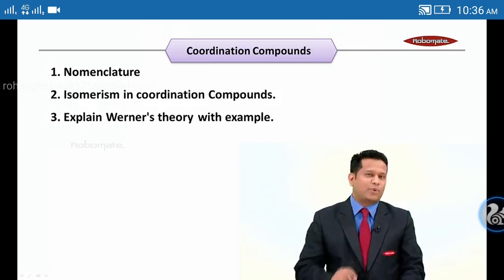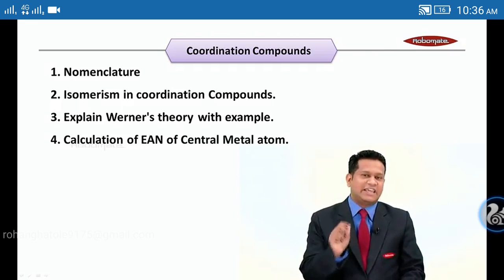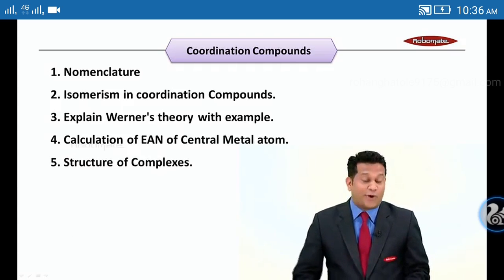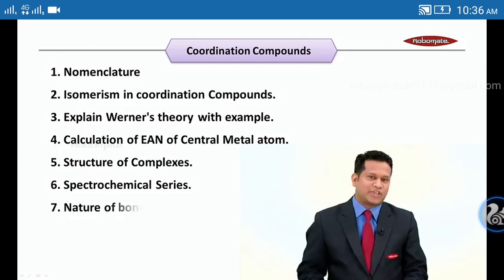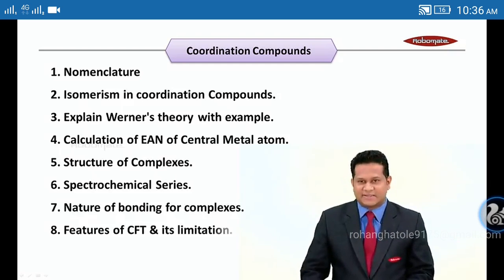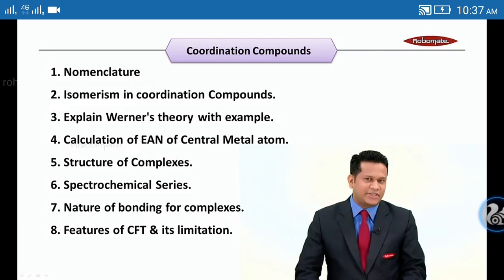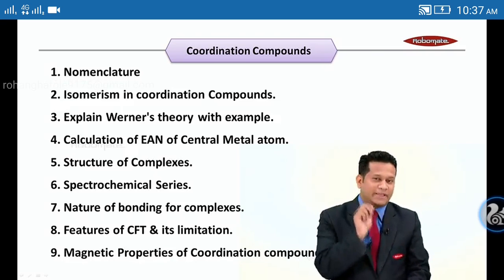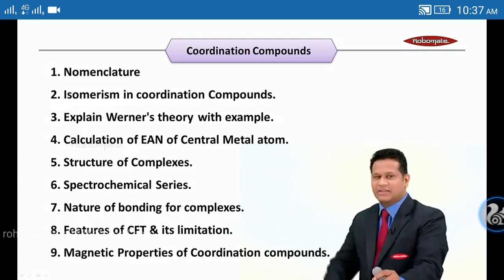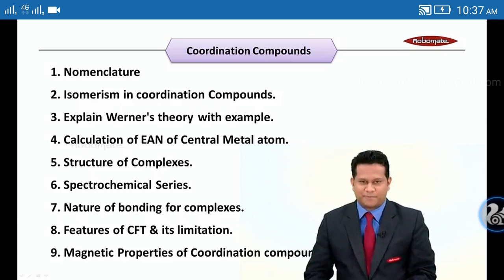Next is explain Werner's theory with example, calculation of EAN of the central metal atom, structure of complexes, spectrochemical series, nature of bonding for complexes, features of crystal field theory and its limitation, followed by the magnetic properties of coordination compounds. So these are the 9 important questions from the chapter coordination compounds.